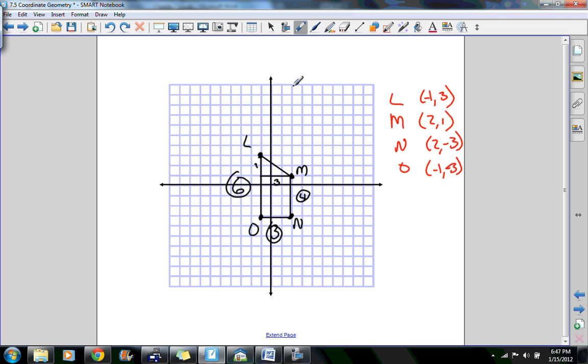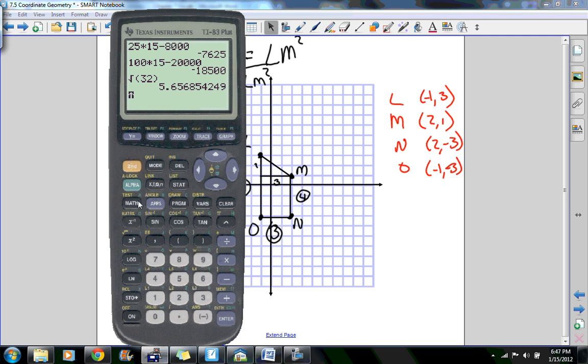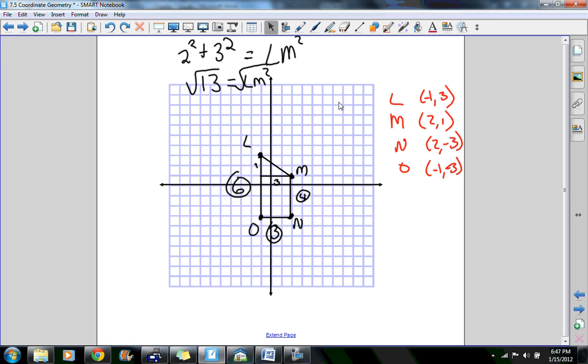So we go 2 squared plus 3 squared, once again using the Pythagorean theorem, equals LM squared. 2 squared is 4, 3 squared is 9, so it adds up to 13 equals LM squared. I take the square root of both sides, and I get the square root of 13, which is 3.6.